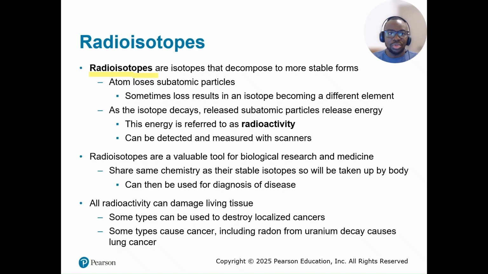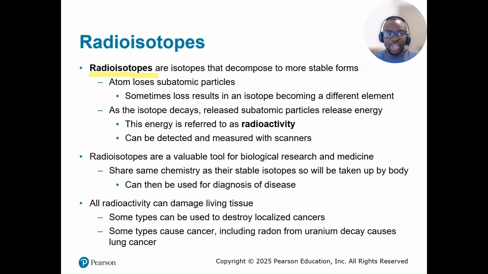Radioisotopes usually lose nuclear content in the form of high energy radiation that includes alpha particles, beta particles, or gamma rays as they decay or break down into stable isotopes. The time it takes for a radioisotope to lose 50% of its activity is called its half-life.